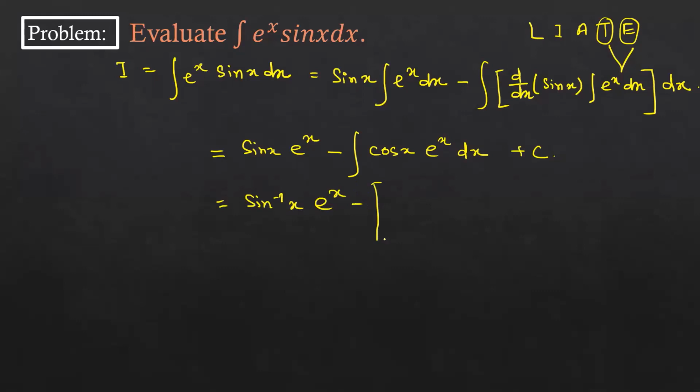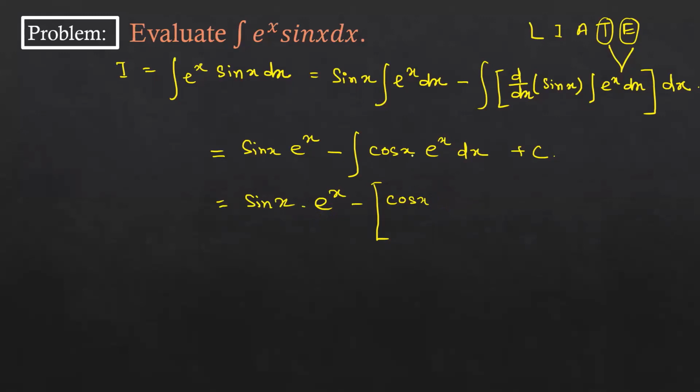So now our problem is sine of x into e to the power x. Again we perform that integration, so cos of x will be outside. Sorry, this is sine of x. Thank you. So this is sine of x into e to the power x.